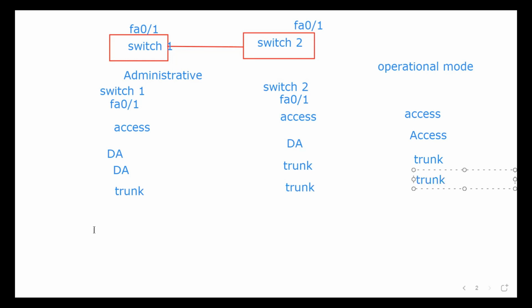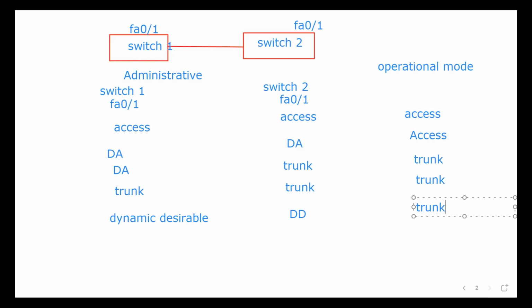Then when our switch is in dynamic desirable mode and our second switch is also in dynamic desirable mode, our operational mode is trunk, because dynamic desirable mode also works as trunk.